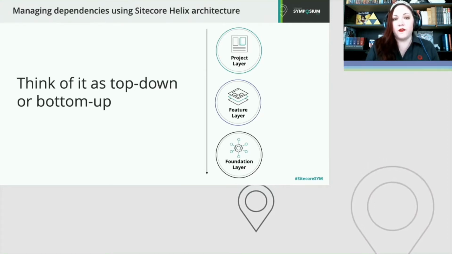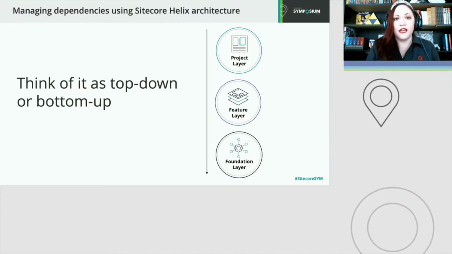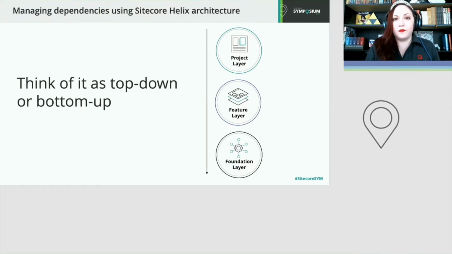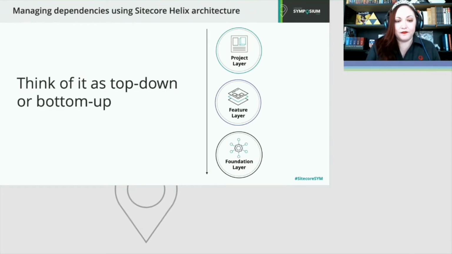And projects in the foundation layer can only inherit from other projects in that same layer. Understanding how Helix works to manage dependencies will help you to figure out which layer your Helix modules would fit into. And how you set up your solutions is, of course, up to you, but there are many methods.